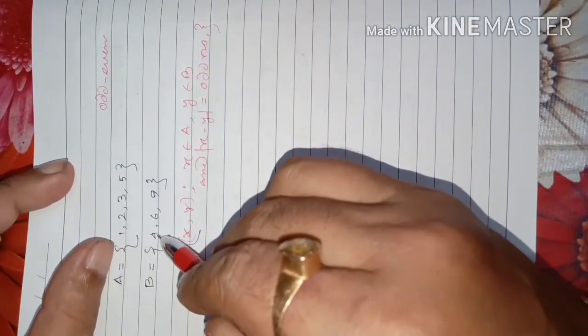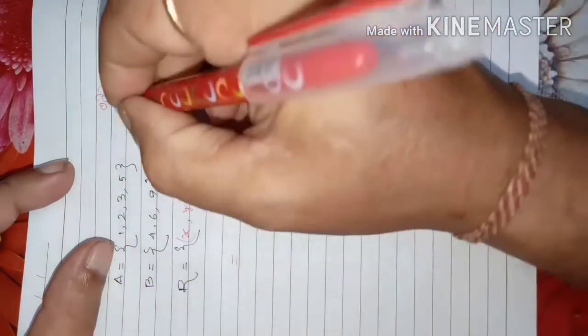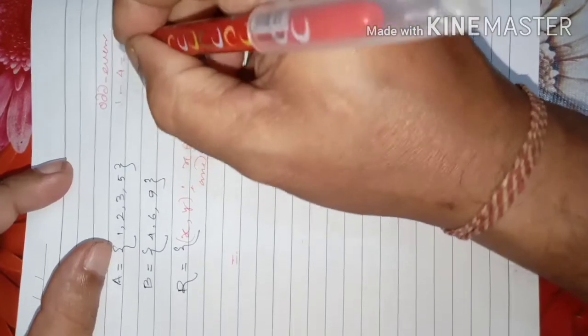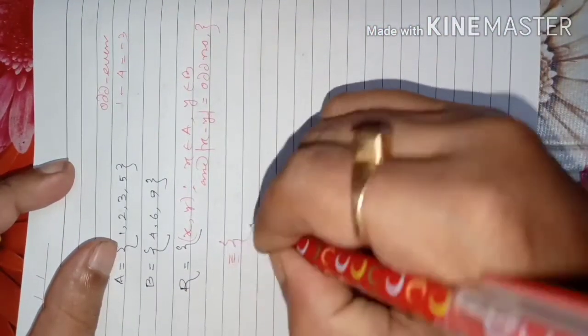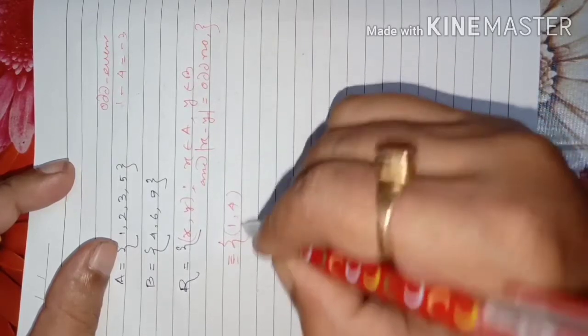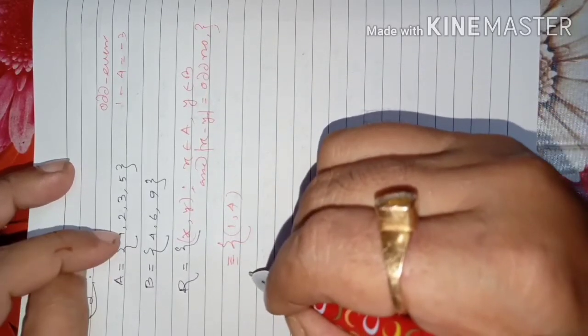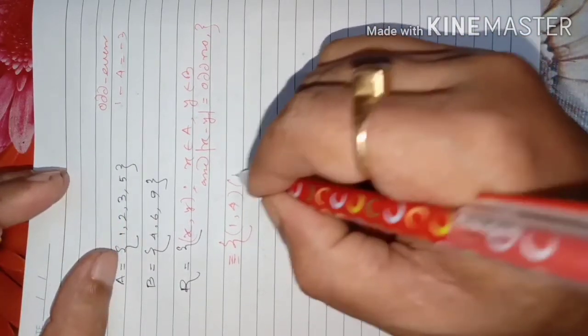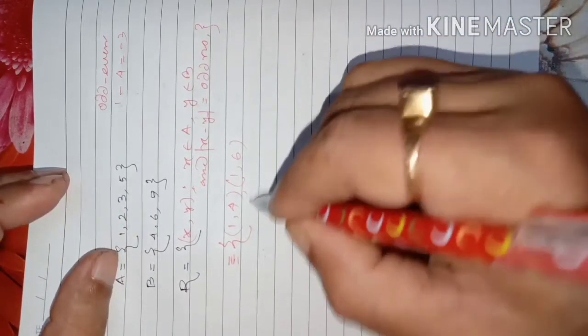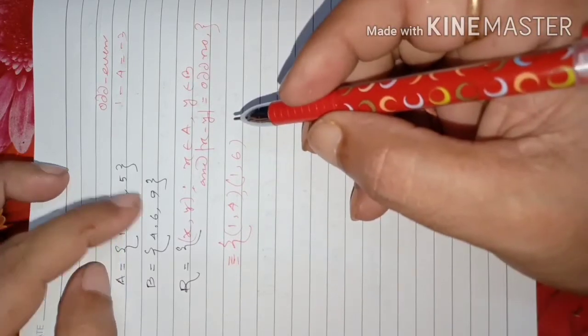1 minus 4 is minus 3, odd number. So we can take this (1, 4) here, because their difference is odd. 1 minus 6 is 5, we can take that also, (1, 6). Can we take 1 minus 9?